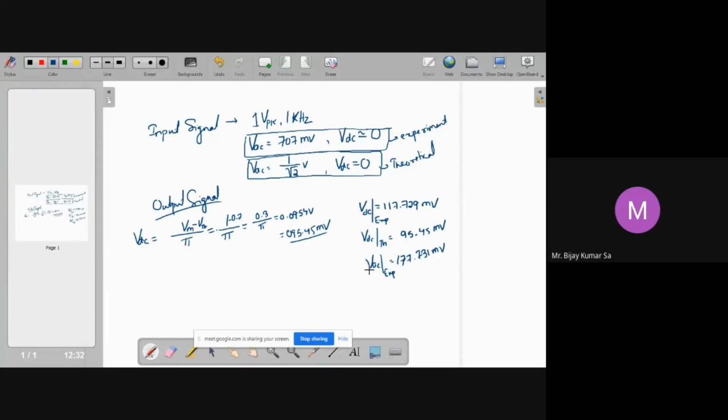It is not so straightforward. Just as we did the calculation for the theoretical value of VDC, there is no straightforward theoretical calculation for VAC. What we can theoretically calculate is, I'll change the terminology, VRMS, for which there is a straightforward calculation. VRMS is what?